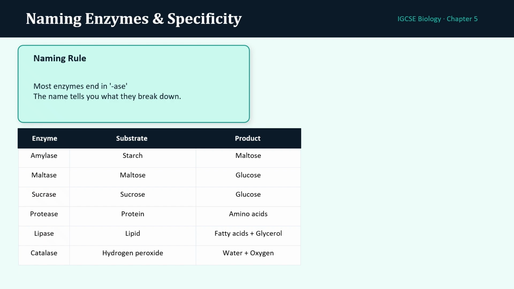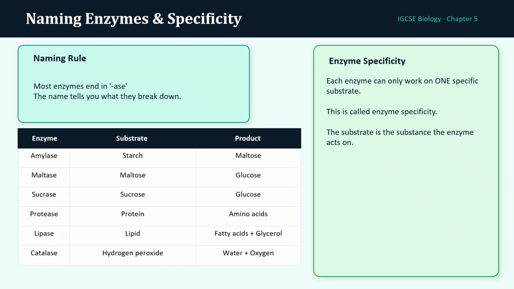Catalase enzyme works on hydrogen peroxide and the products are water and oxygen. This table is examiner gold. Learn these names, substrates and products because they can come up directly in your papers.